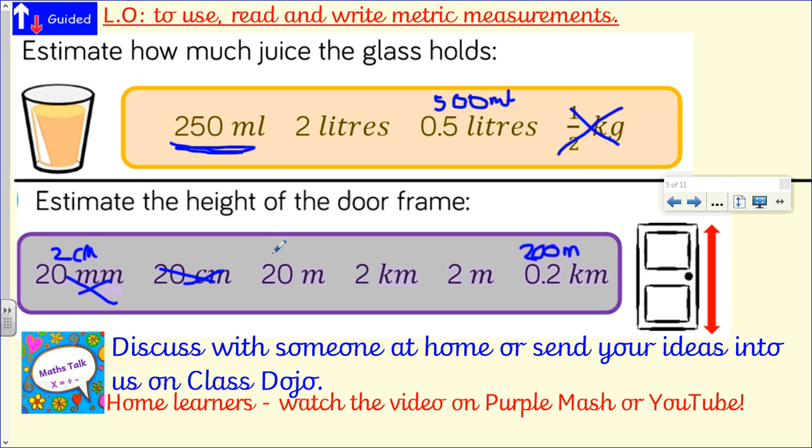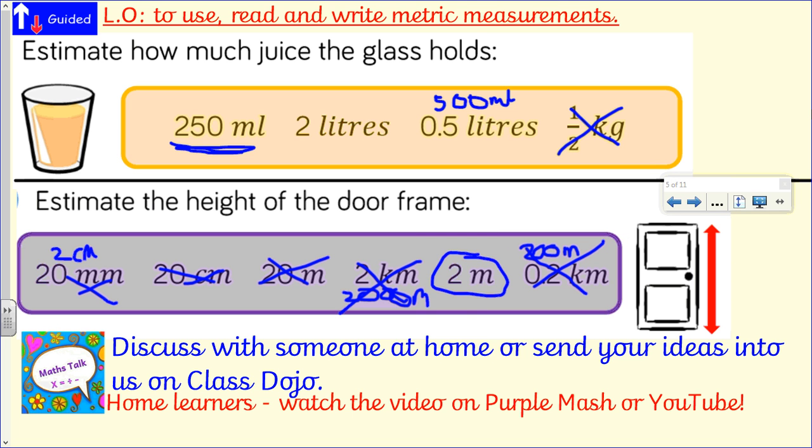So there's no way a door is 20 meters. And if there's no way it's 20 meters, it can't be 2,000 meters, which is what this is. The BFG doesn't need a door that big. That's 2,000 meters. No. This is 200 meters. So again, I just know. No.